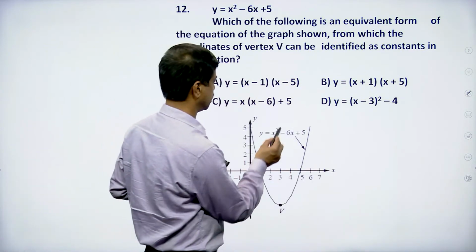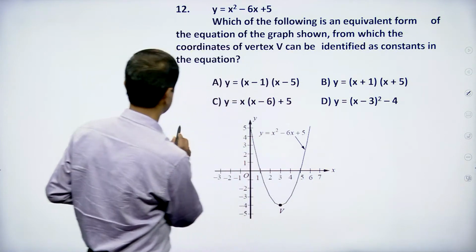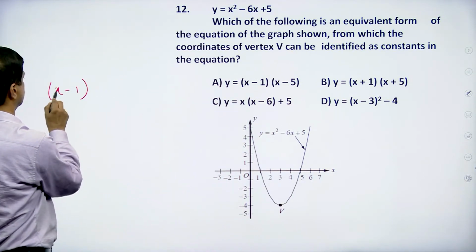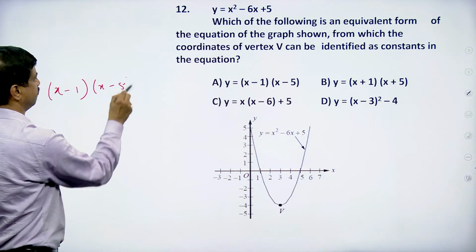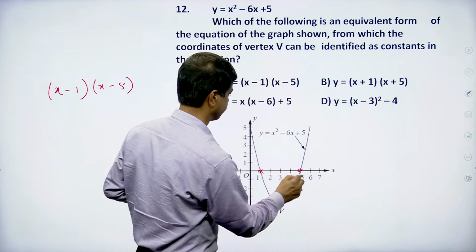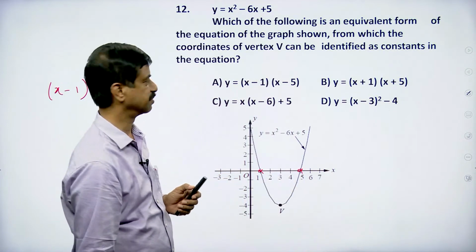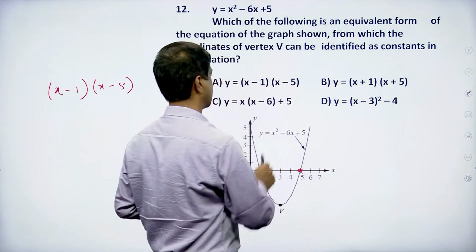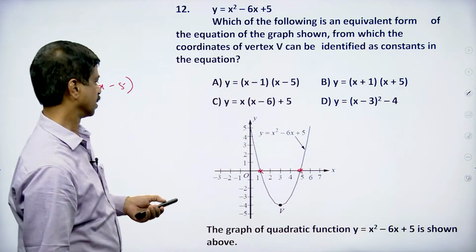So this is the curve. So the factors of this are x minus 1 into x minus 5. So you are getting x equal to 1 and x equal to 5. The given equation is x square minus 6x plus 5.